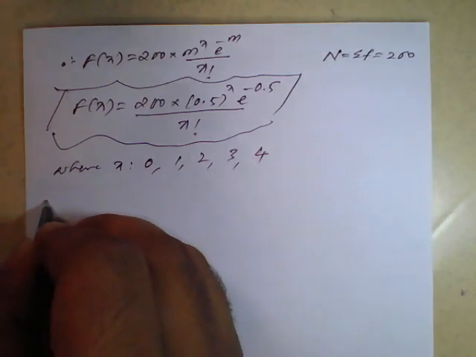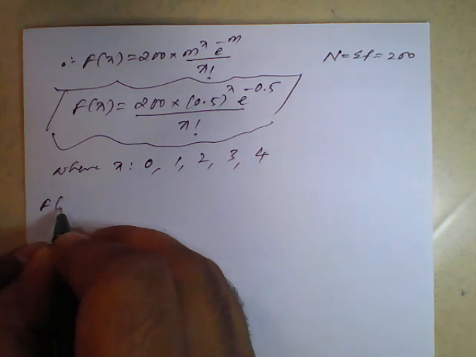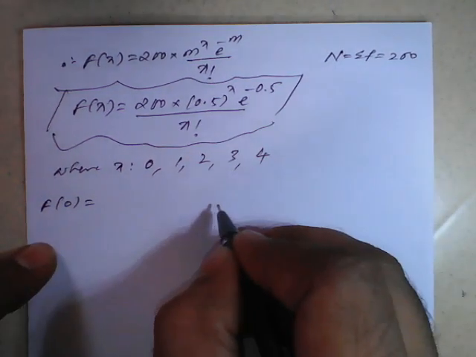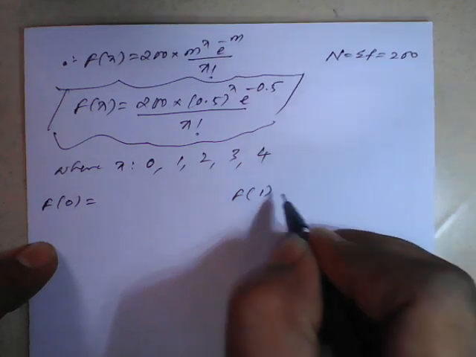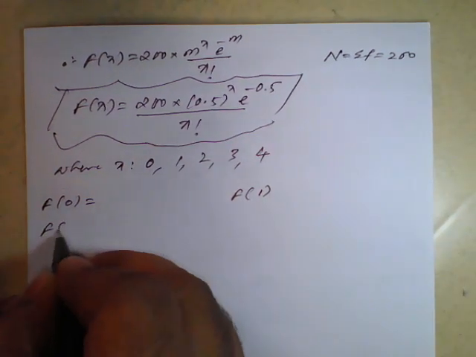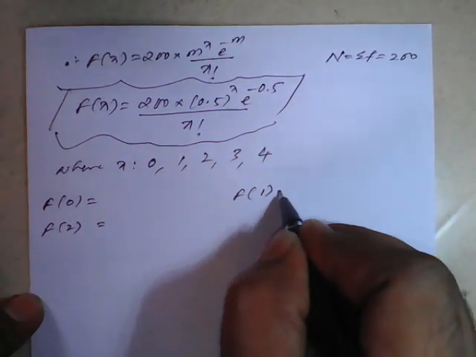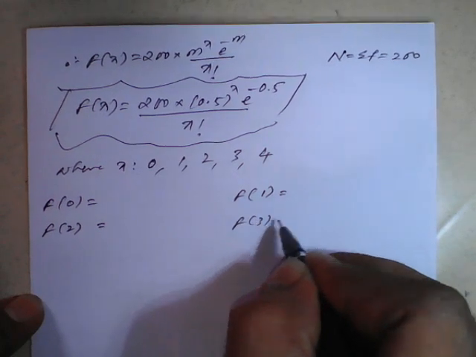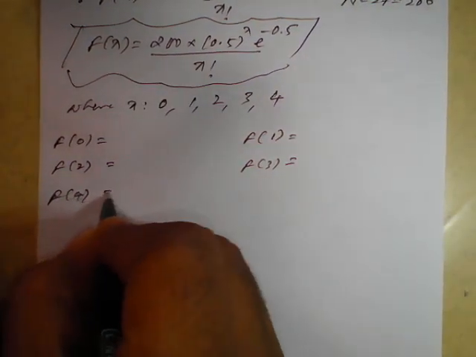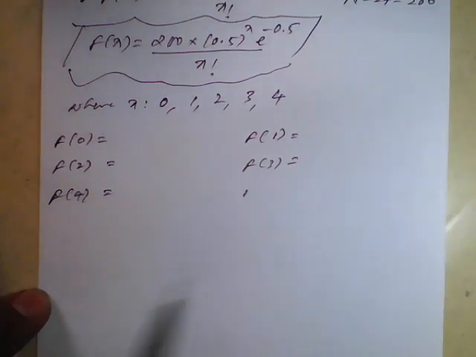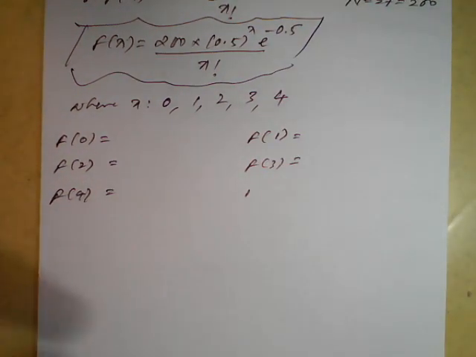So we'll get the answers f of 0, f of 1, f of 2, f of 3, then f of 4. So these many values we need to calculate.